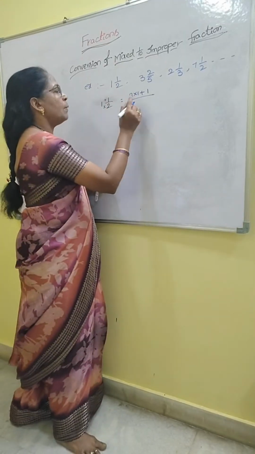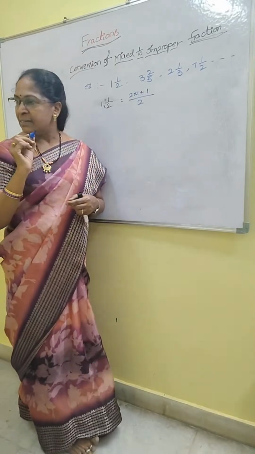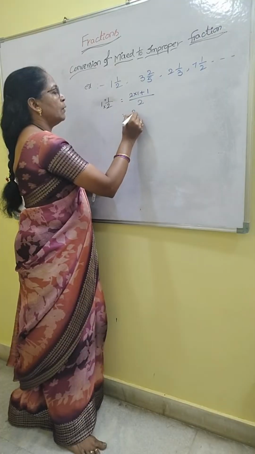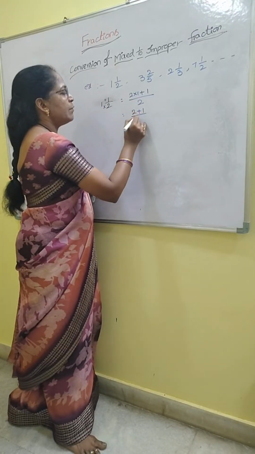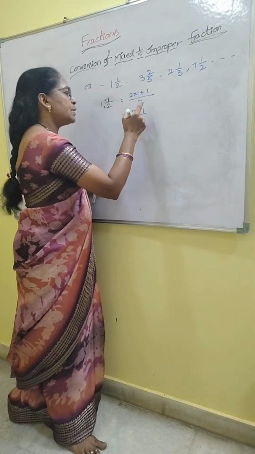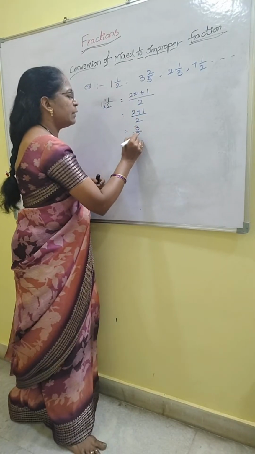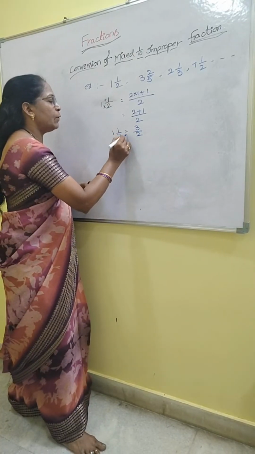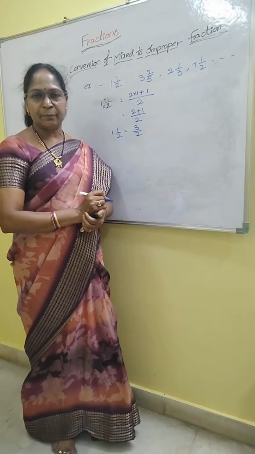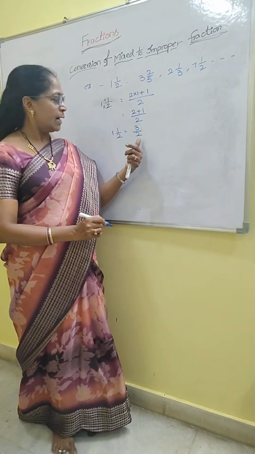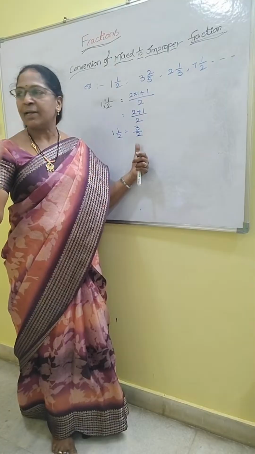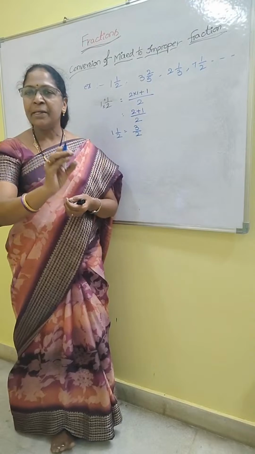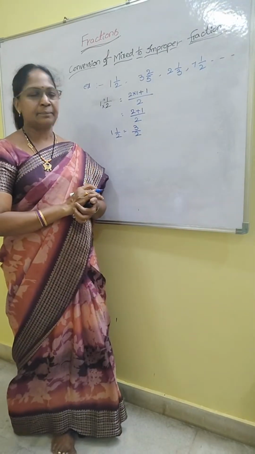What is the denominator? 2. So 2 ones are 2 plus 1 divided by 2. That equals 2 plus 1 equal to 3, so 3 by 2. So 1 1 by 2 equal to 3 by 2. This is a mixed fraction and this is an improper fraction. This is the conversion of mixed to improper fraction.